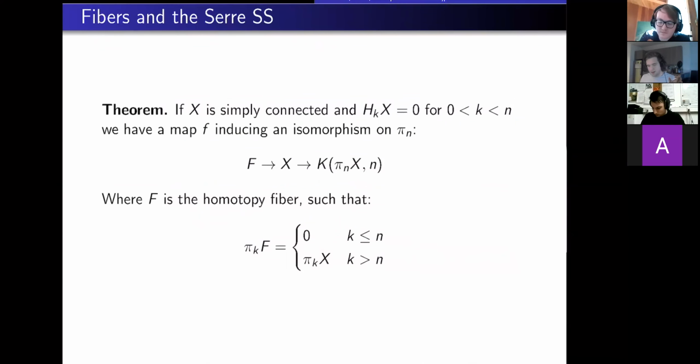One more little piece of setup. Given a simply connected space X with a bunch of trivial cohomology groups, we can create a map f from X to the Eilenberg-MacLane space of the homotopy group of X at that exact degree, so this is K(pi_n(X), n).